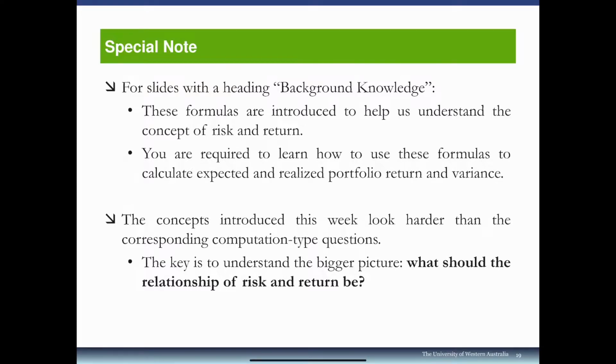But I can also go through it in what we have here. So the concept is actually quite important. Despite all the graphs and all the formulas, the key here is to understand the bigger picture: what should the relationship of risk and return be?